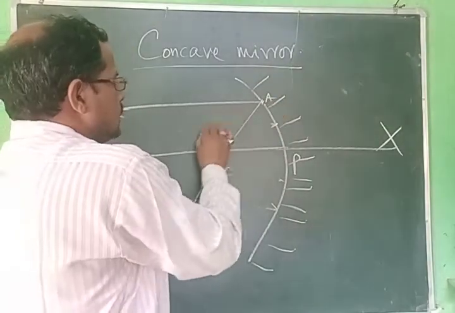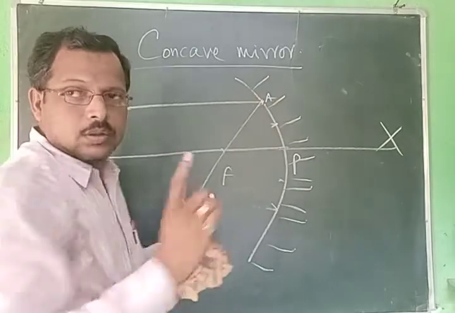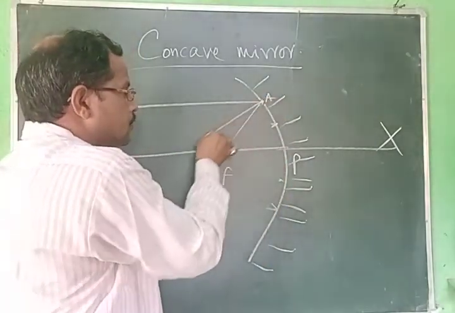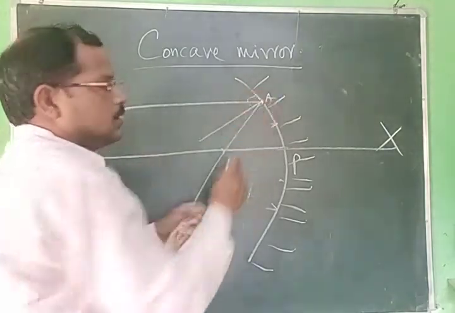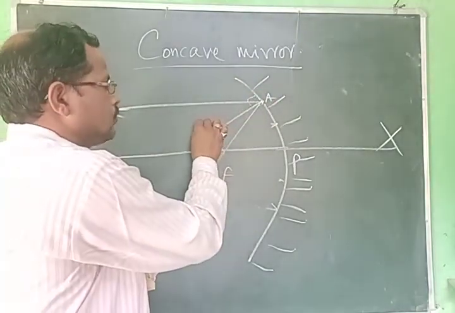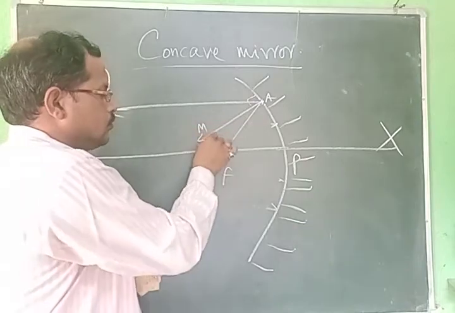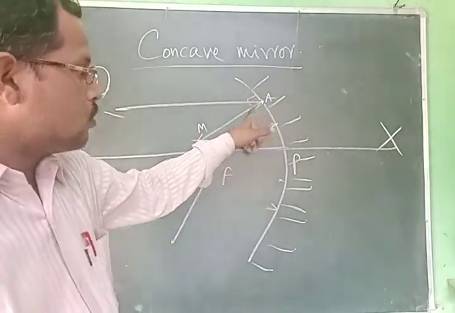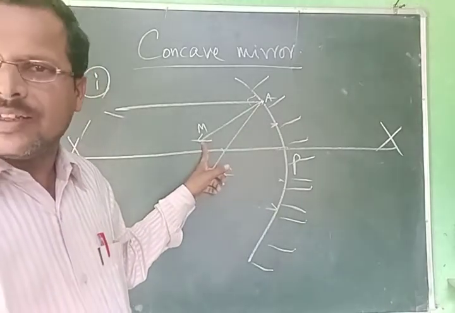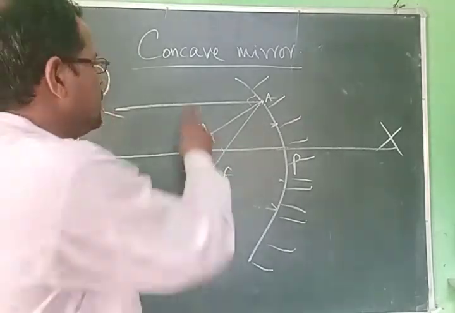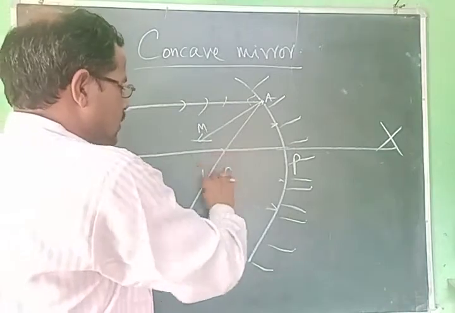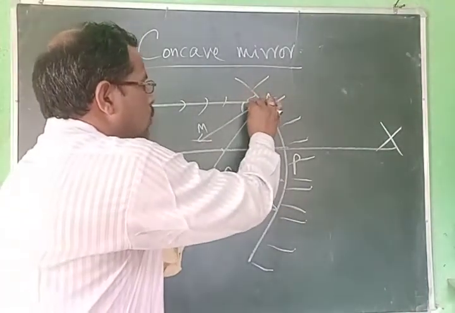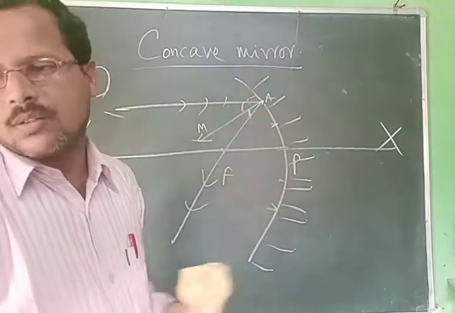So the normal should be like this. Look here, AM should be the normal, and this is the incident ray, this is the reflected ray, and here the angle of incidence will be equal to the angle of reflection.